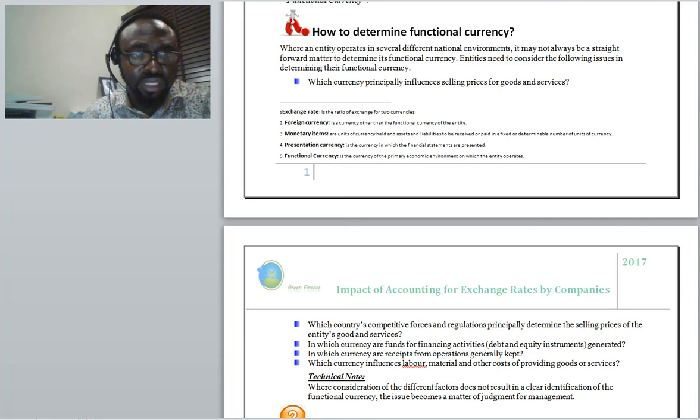But one thing is clear: what management has considered the functional currency might not be changed in the immediate future, except if circumstances change. And those are the things we need to take into consideration in formulating the accounting policies for the entity.